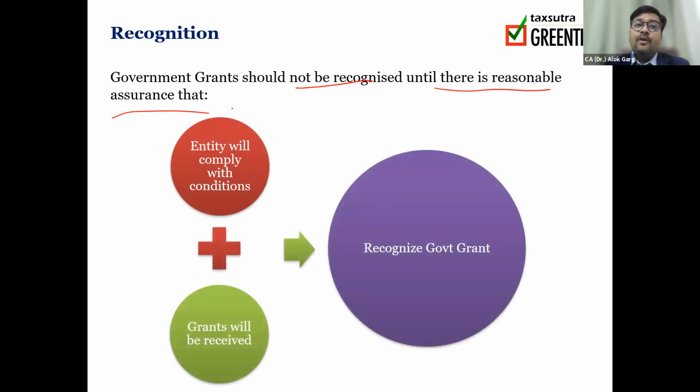I can say that government grant should be recognized when there is a reasonable assurance. Okay, so government grant shall be recognized when there is a reasonable assurance. Reasonable assurance that entity will comply with the conditions and grant will be received.